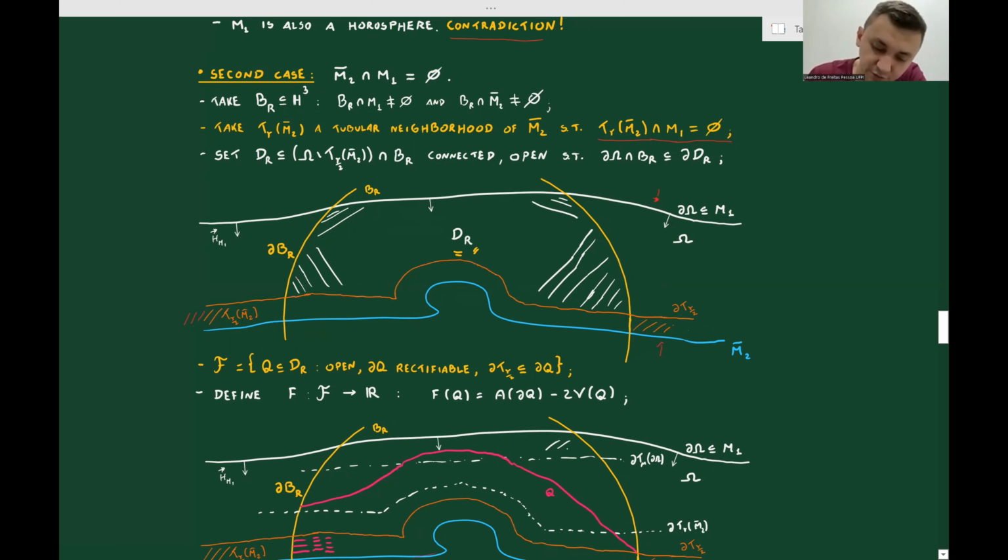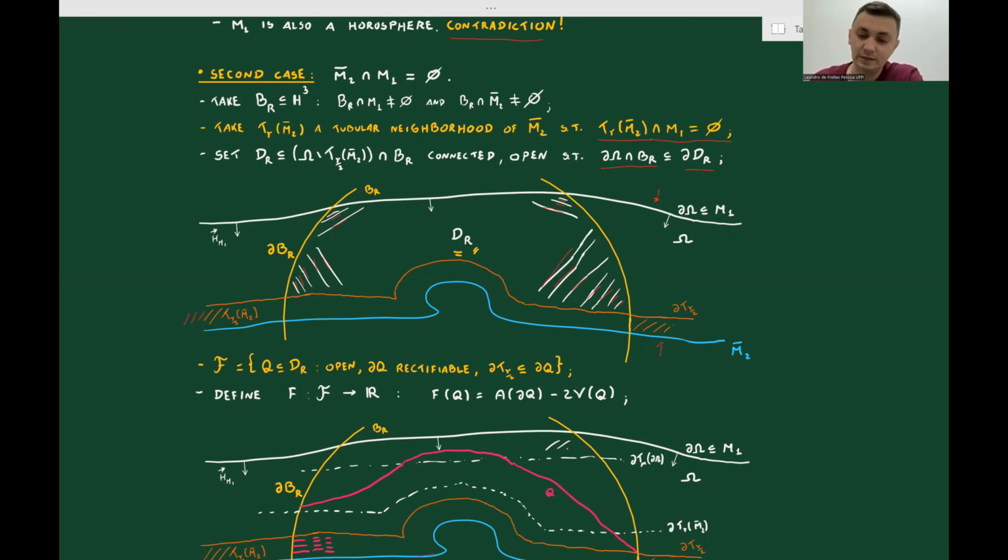So the region D_R is just this region here. And we assume that the boundary of omega inside the ball is inside the boundary of D_R.